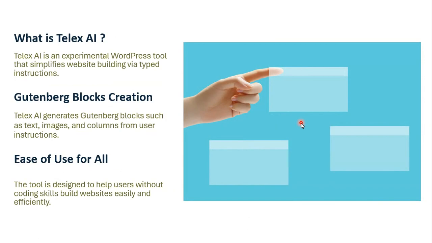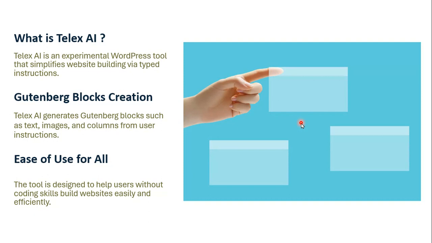Telex AI is an experimental tool for WordPress. So, as of today, this is in experiment. This helps users create WordPress websites by simply typing what they want, like galleries, slideshows. Instead of writing code or manually designing pages using plugins, users can give instructions in plain language and Telex AI takes care of the rest.